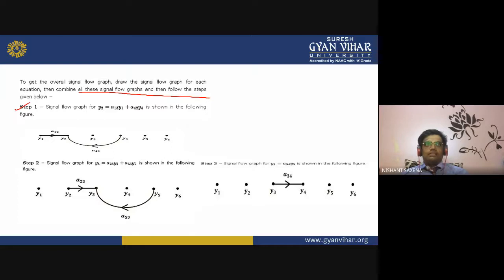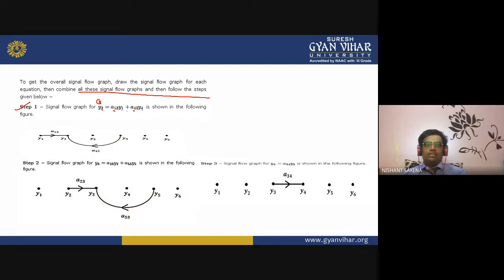Now the first step is that we have one equation. This is the first equation, that is y2 is equal to a12 y1 plus a42 y4. That means we have two gains, a12 and a42. And how many nodes are there? Obviously y2, y1 and y4, 3 nodes.